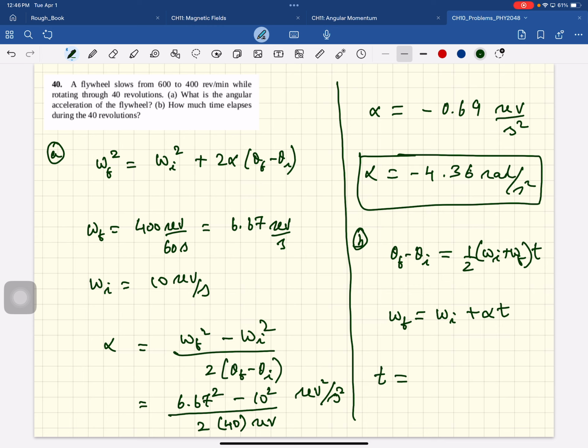So time is the angular displacement divided by the average angular velocity.